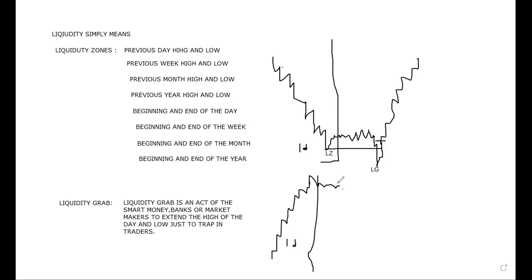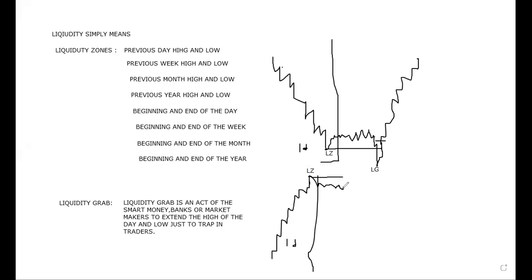As it was playing around this area, this is a liquidity zone, because this is the previous high. So that was the liquidity zone.